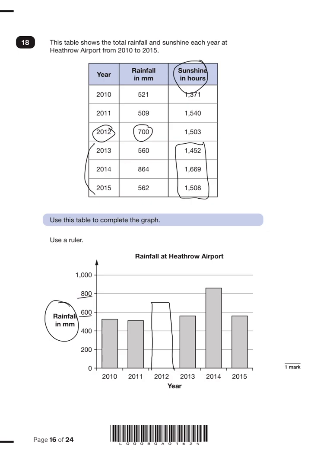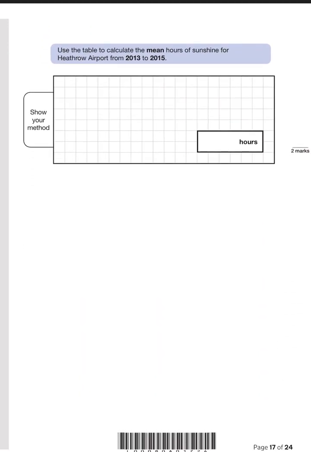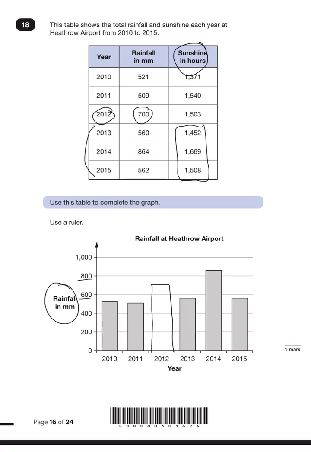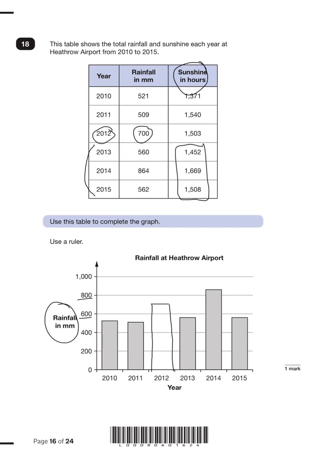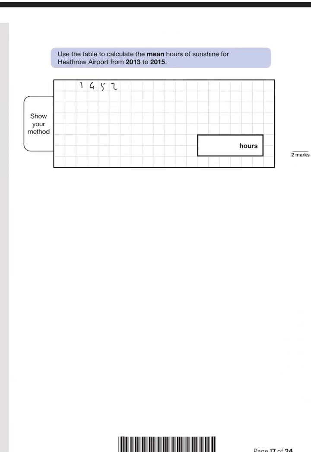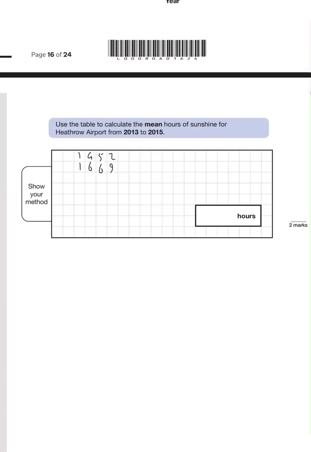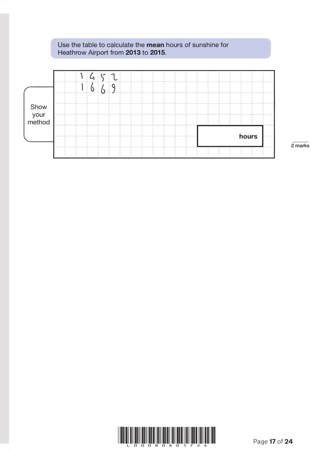So we've got 1452, 1669, and we have 1508.